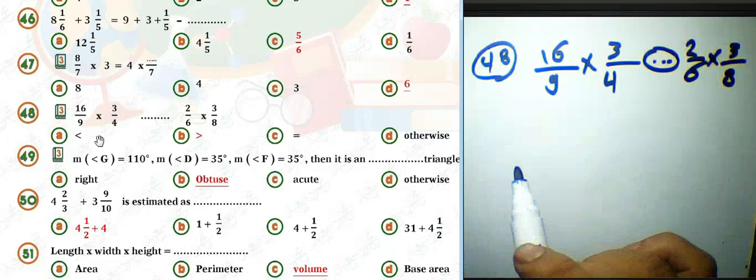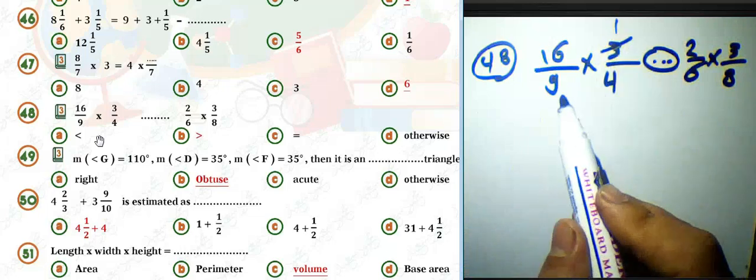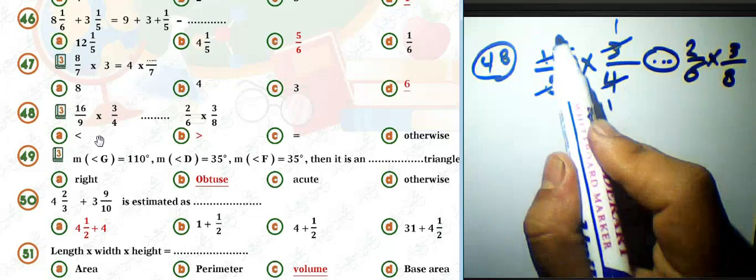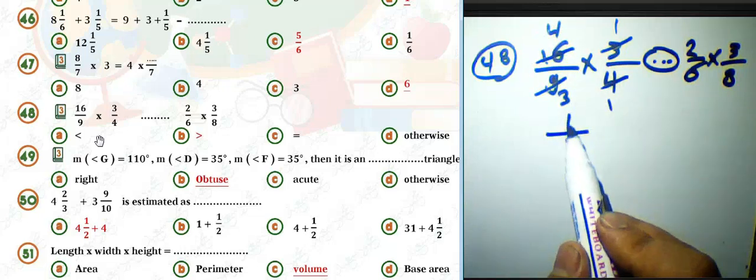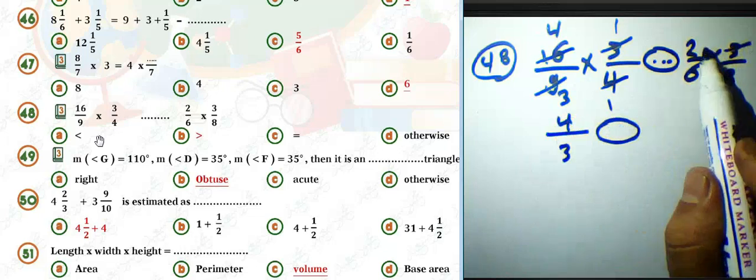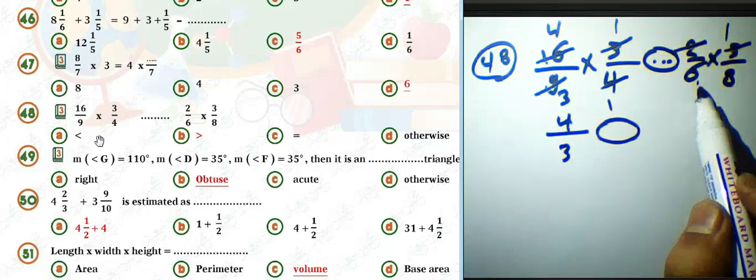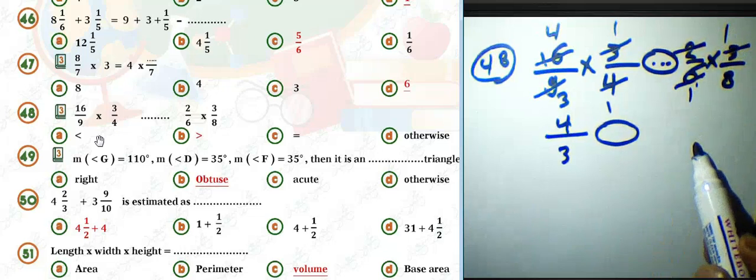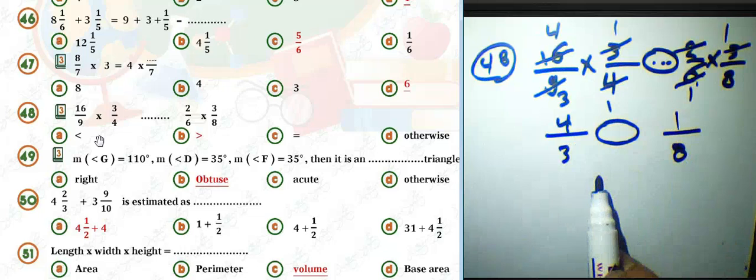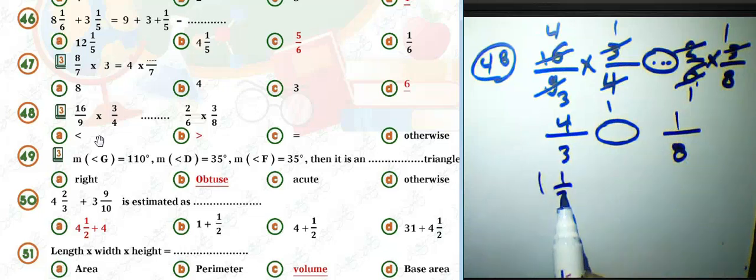We must solve this example in the simplest form. 3 divided by 3 equal 1, 9 divided by 3 equal 3, 4 divided by 4 equal 1, 16 divided by 4 equal 4, 1 times 4 equal 4, 1 times 3 equal 3. And here 3 times 2 equals 6. 6 divided by 6 equal 1. The result will be 1 over 8. Who can tell me 4 over 3? It's 1 and 1 over 3. It will be greater than 1 over 8. Choose letter B.